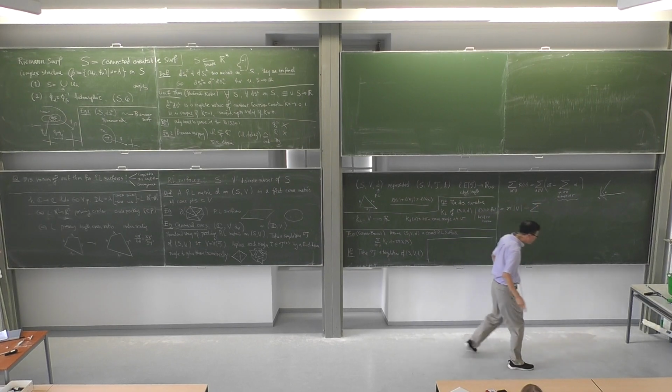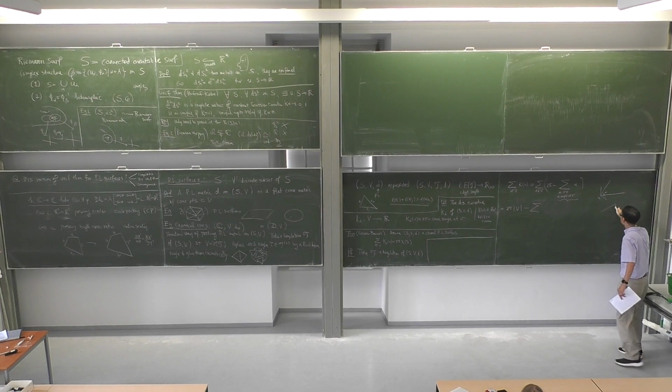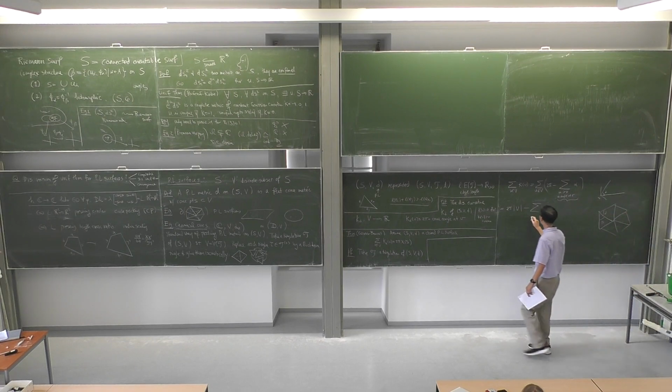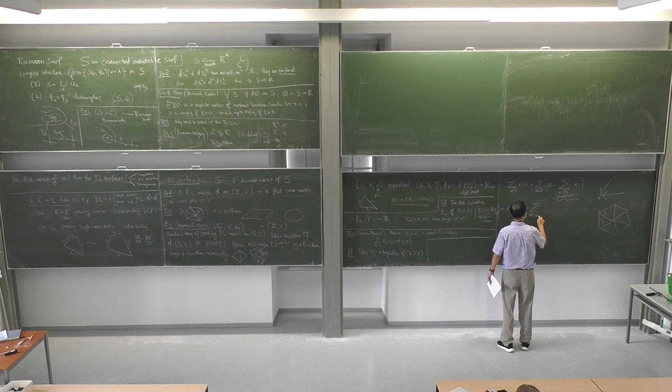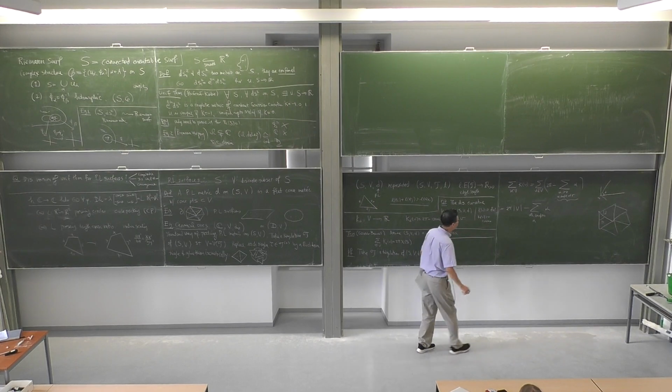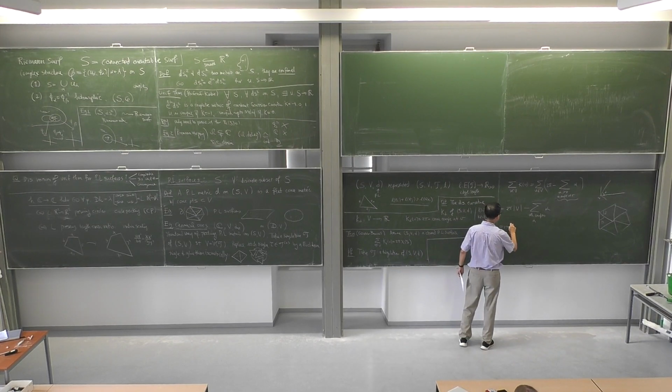What we're doing is, I have a triangulated surface, and now I'm looking at all these angles and grouping according to alpha.